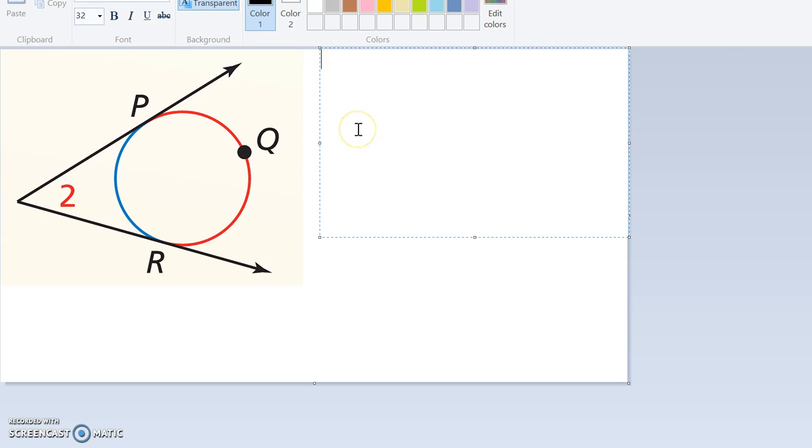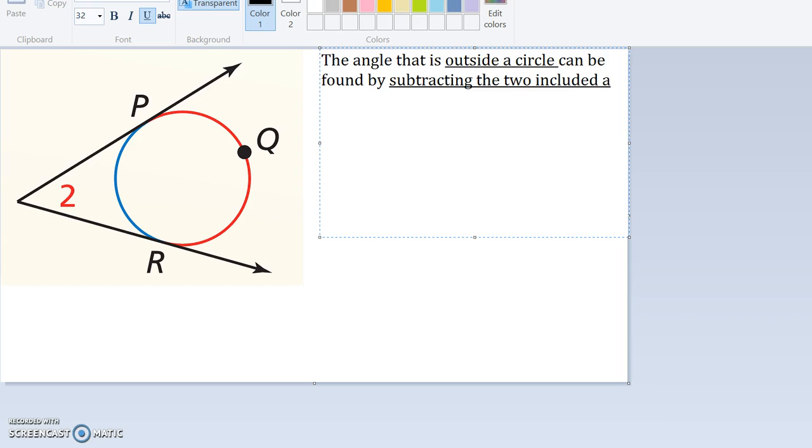So what we can say about this one is that the angle that is outside a circle can be found by subtracting the two included arcs and dividing by 2.